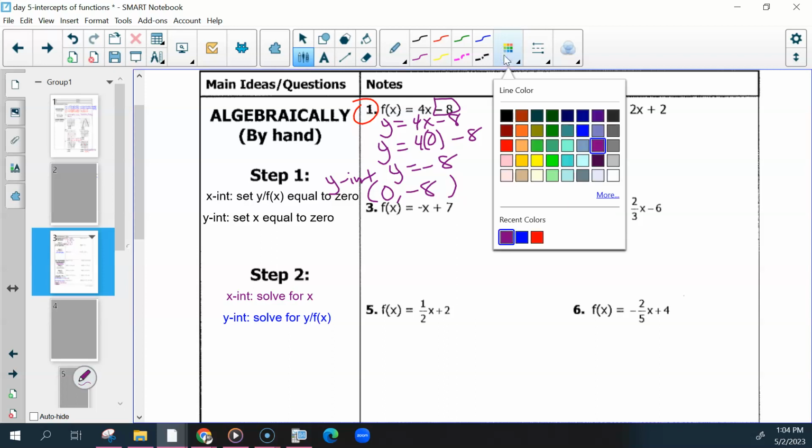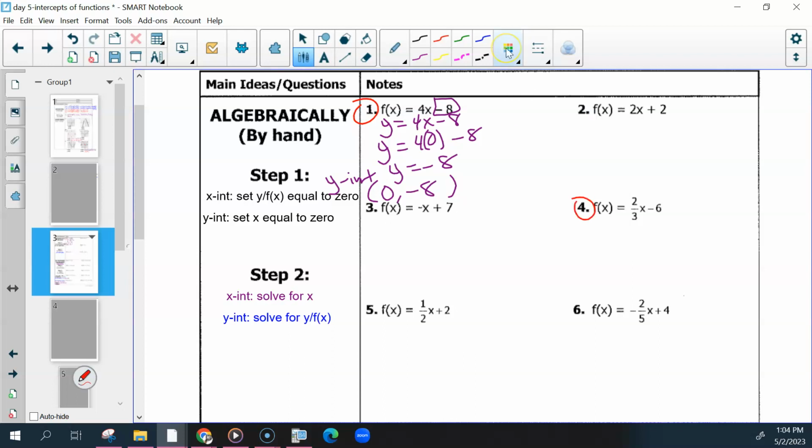For the x-intercept, we have to do a little bit more work. We do have our equation, y equals. If we're looking for our x-intercept, our y value has to be 0. So we're going to replace that y with 0 and solve for x.